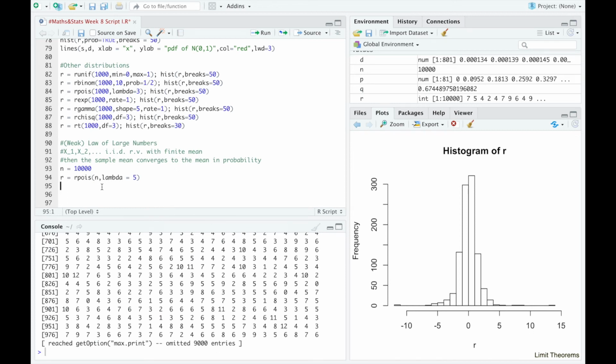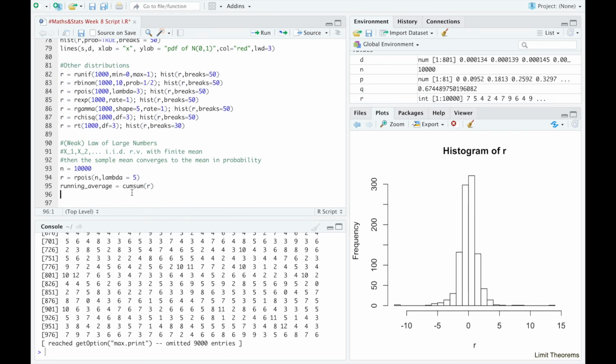In order to visualize this convergence to the mean, we want to define the running average. The running average is defined as the cumulative sum of R. So the function cumsum, you can look at the help, gives as output the cumulative sum of the input vector.